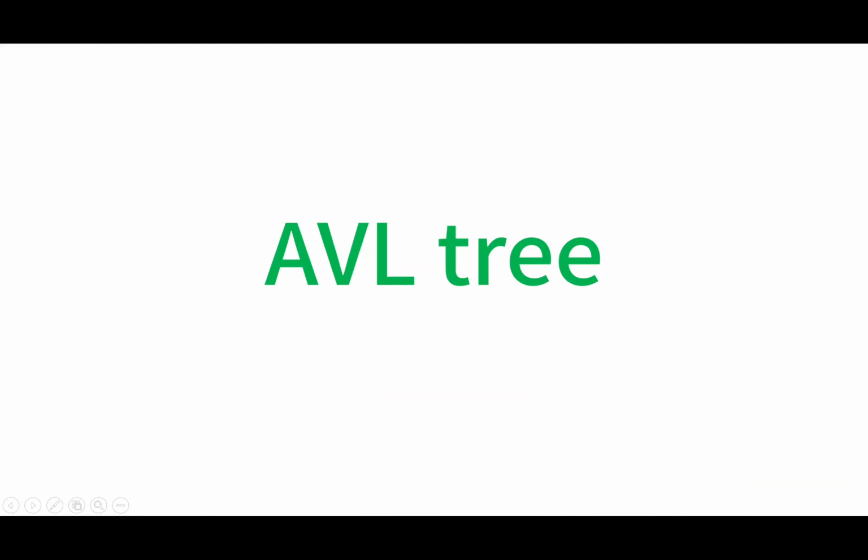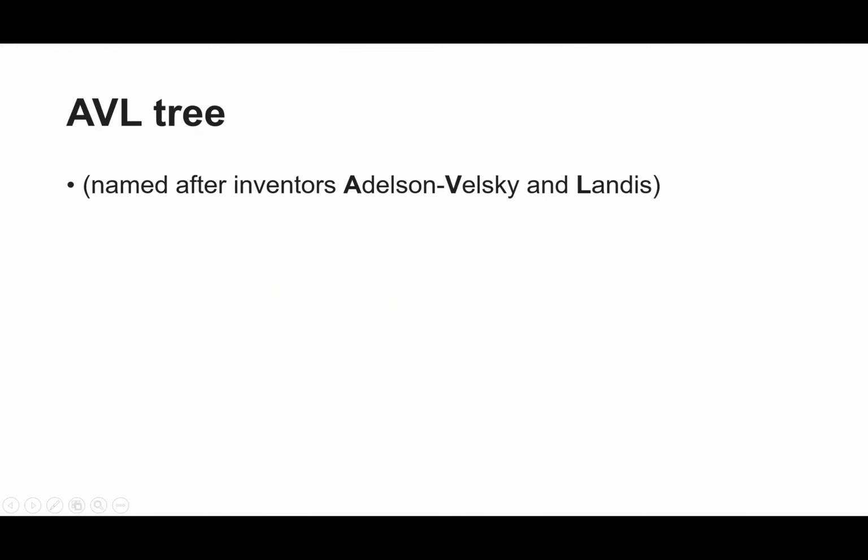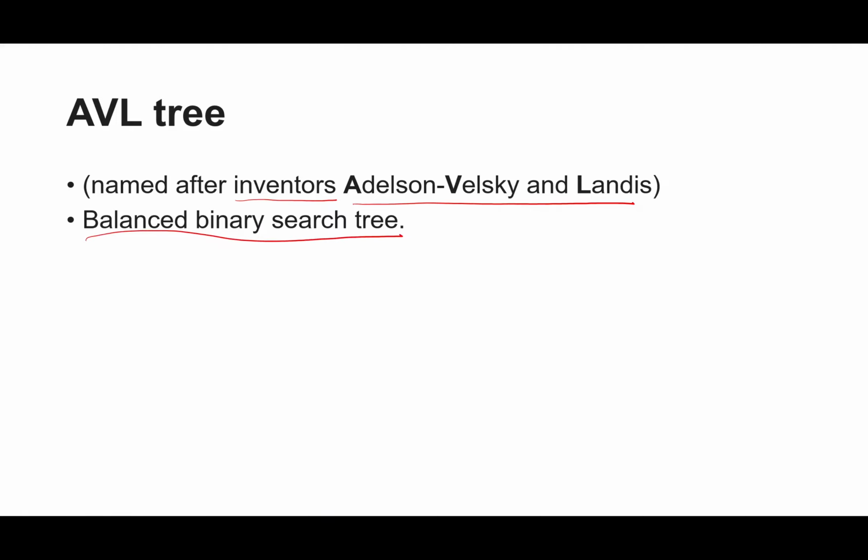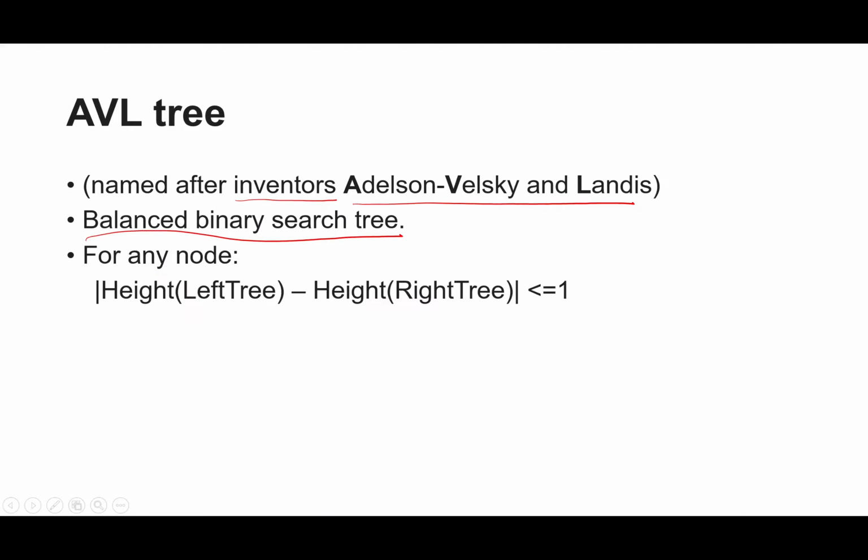So people invented the AVL tree, which is a balanced tree. The AVL tree is named after its inventors, and we also call the AVL tree a balanced binary search tree.